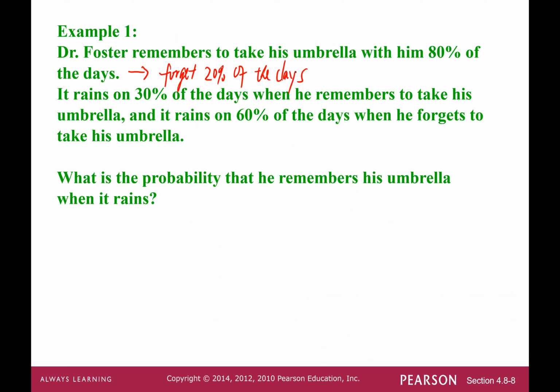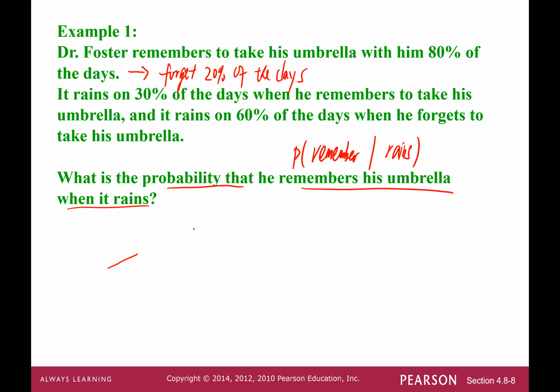And then it rains on 30% of the days when he remembered to take his umbrella, and rains on 60% of the days when he forgets to take his umbrella. And you want to find out the probability that he remembers his umbrella when it rains, right? So this is like the probability of remember given that it rains. Right, that's what you try to figure out.